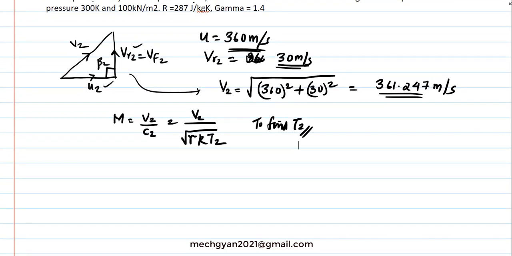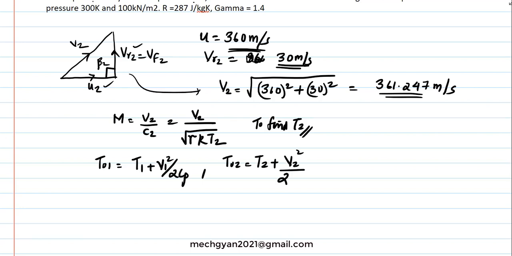We know that T01 equals T1 plus V1 square by 2 Cp. Similarly, T02 equals T2 plus V2 square by 2 Cp. So if we can find T2, we can substitute it here and get the Mach number.